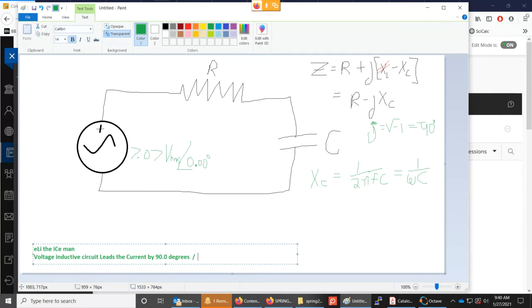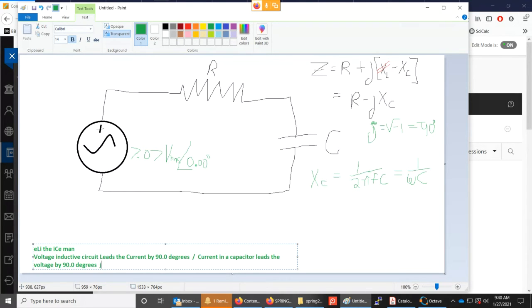Okay, and the current in a capacitor leads the voltage by 90 degrees.